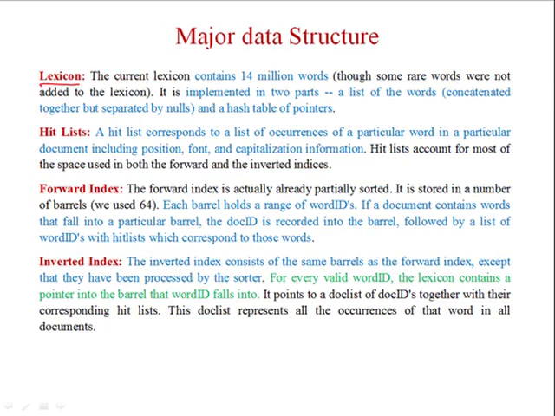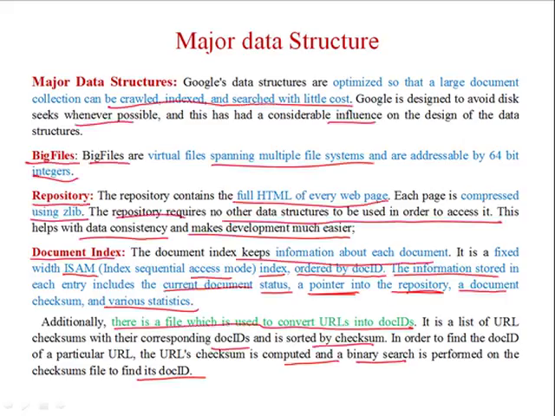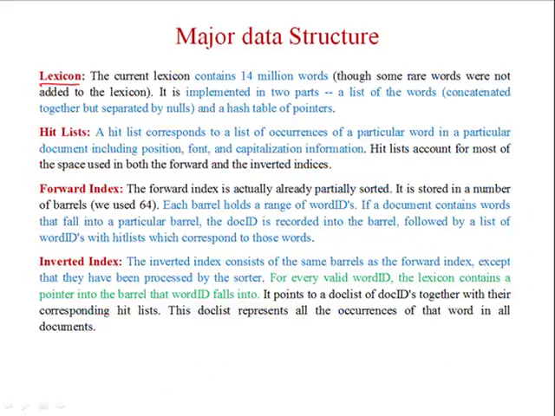Next is the lexicon. It contains 14 million words, though some rare words were not added to the lexicon. It is implemented in two parts: a list of words concatenated together but separated by nulls, and a hash table of pointers.